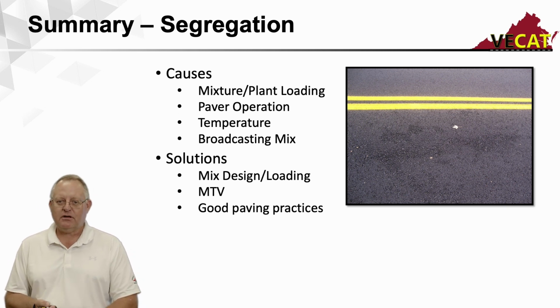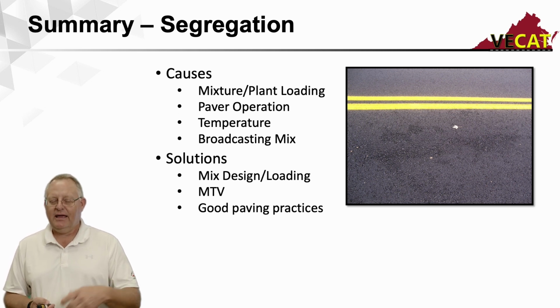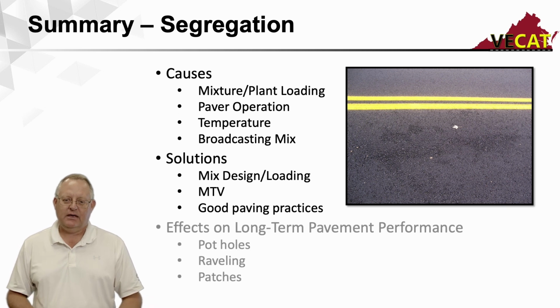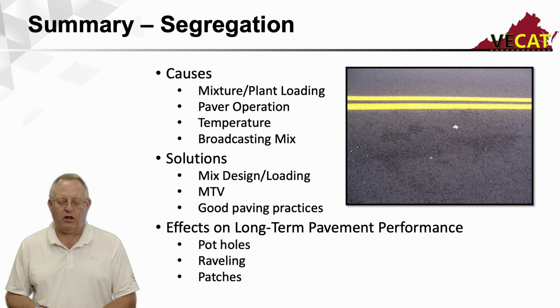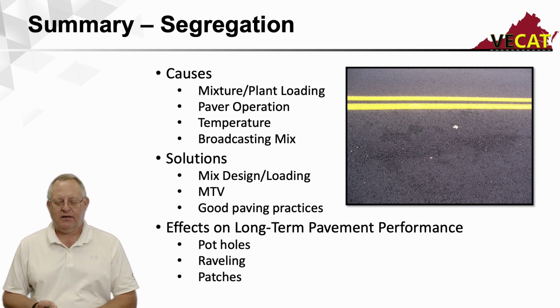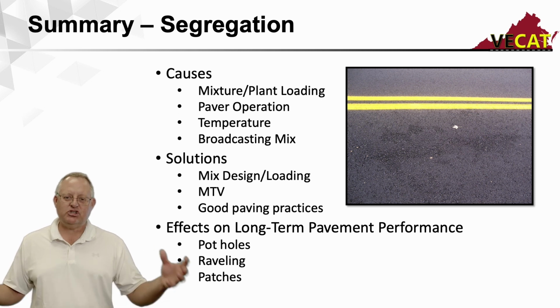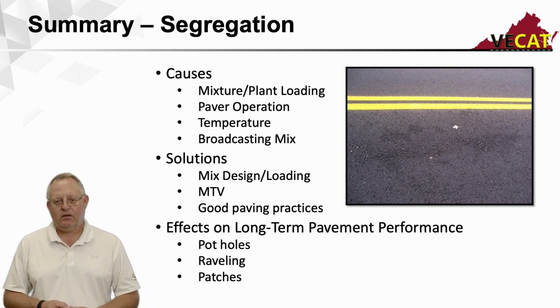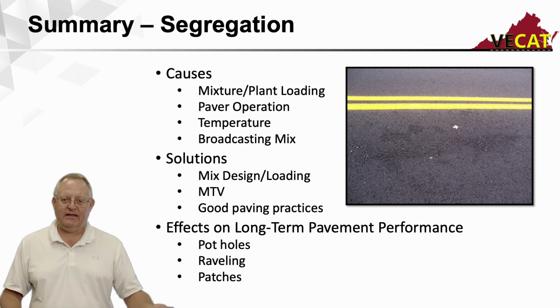Loading hoppers, all those things, using an MTV to remix the material, using it properly, and just good paving practices. And if all those things are done, we avoid segregation. We avoid those long-term potholes, raveling, and the patches. And that is the biggest challenge that we face with paving here in the state, that segregation.